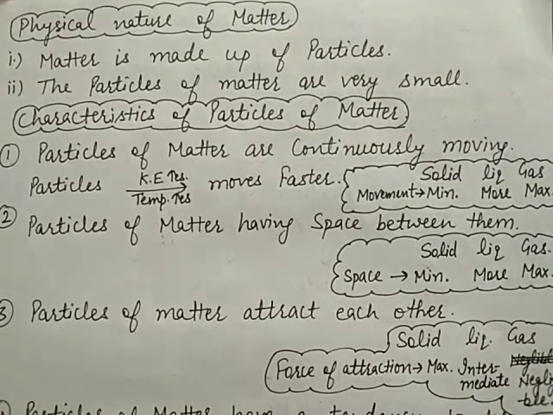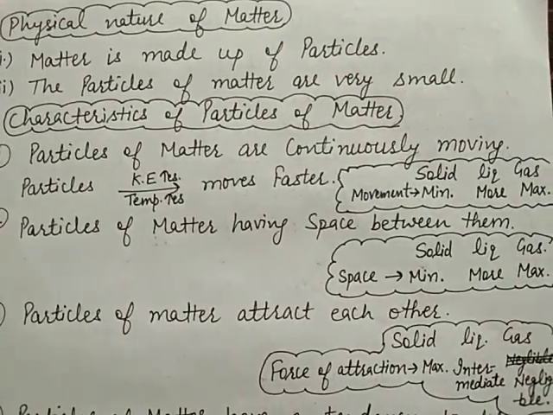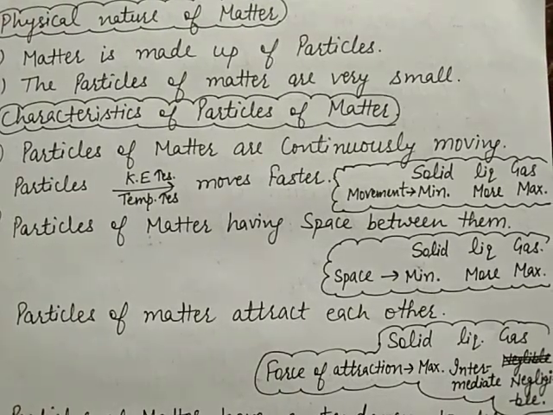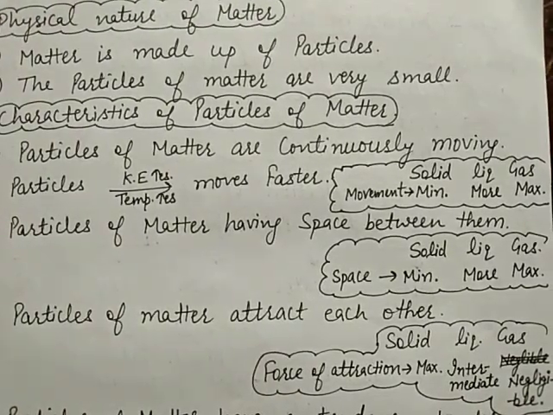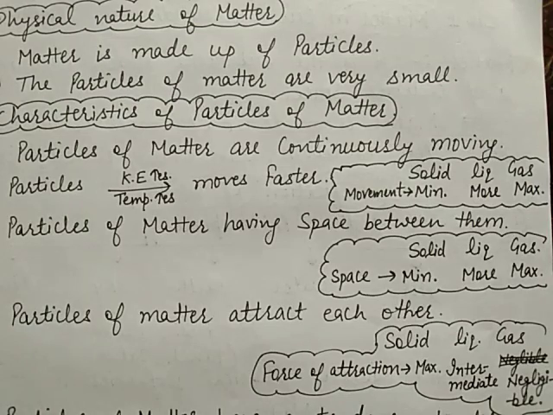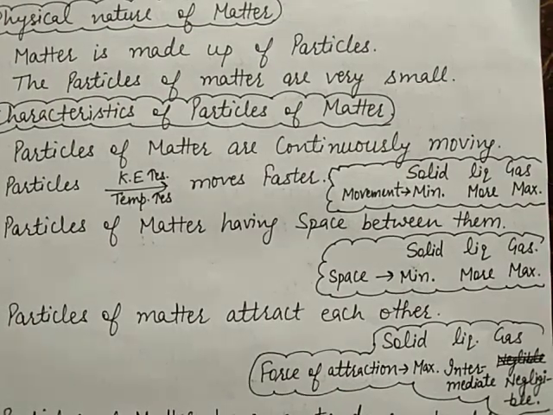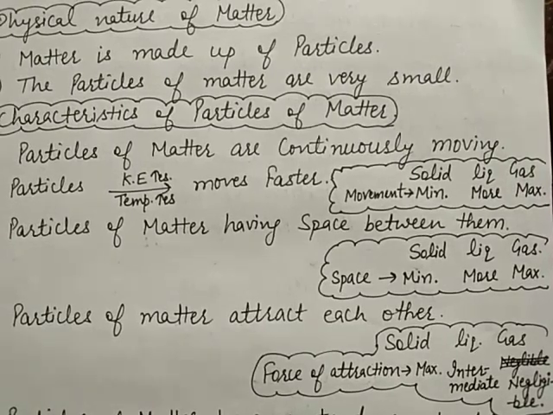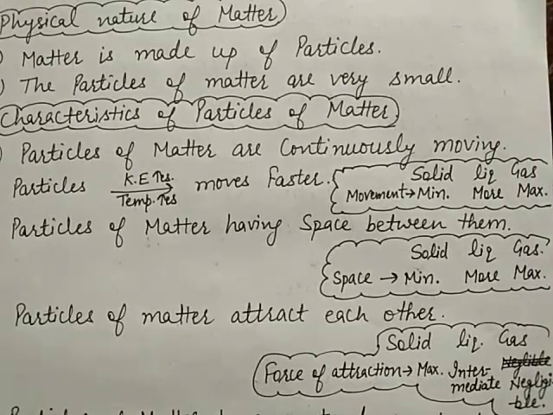Third, the particles of matter have space between them. Fourth, particles of matter are continuously moving. Fifth, the particles of matter attract each other. Here we will discuss one by one.